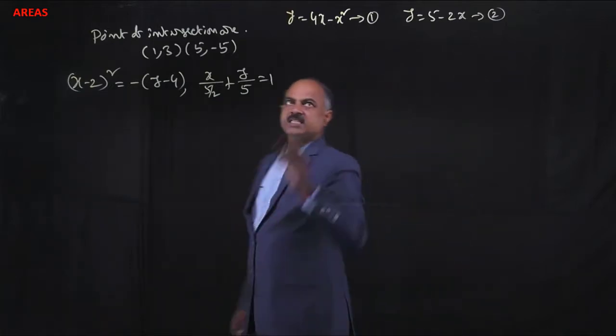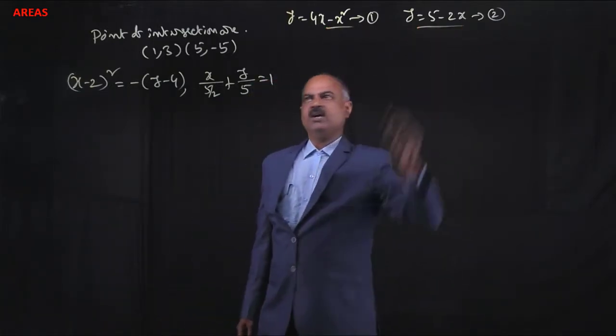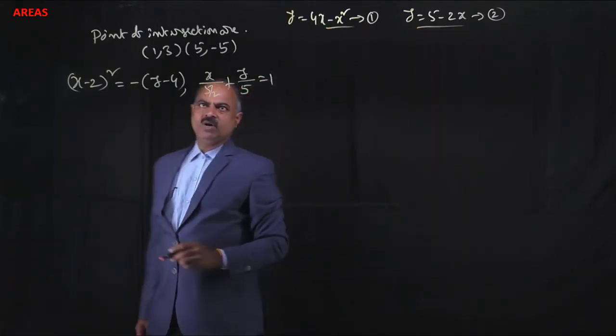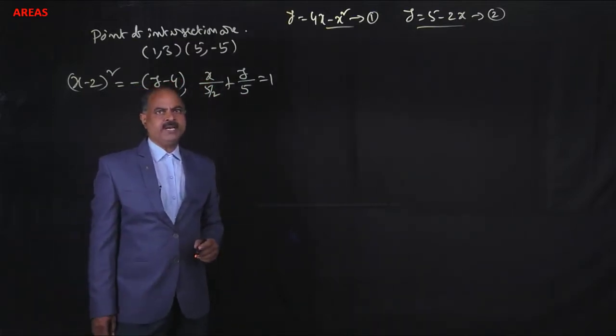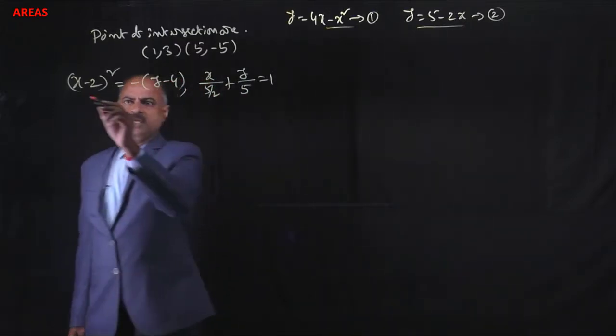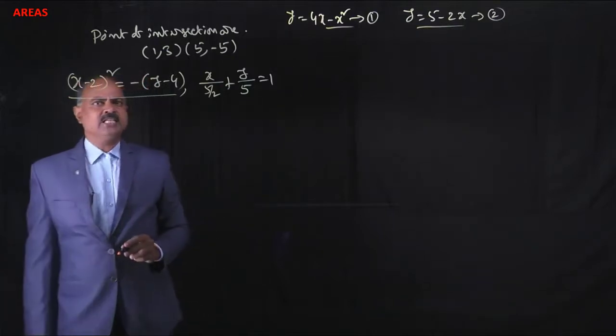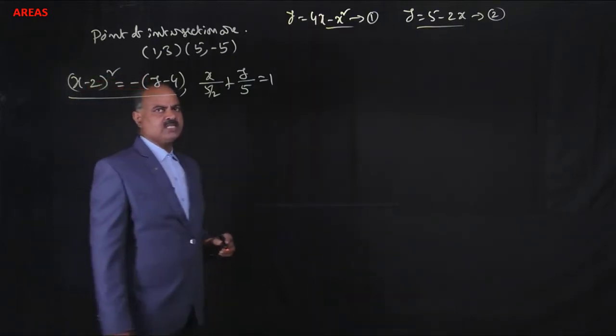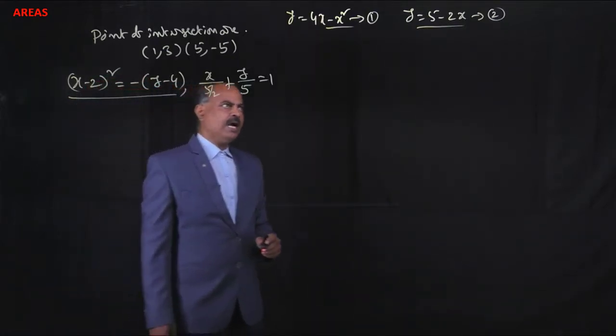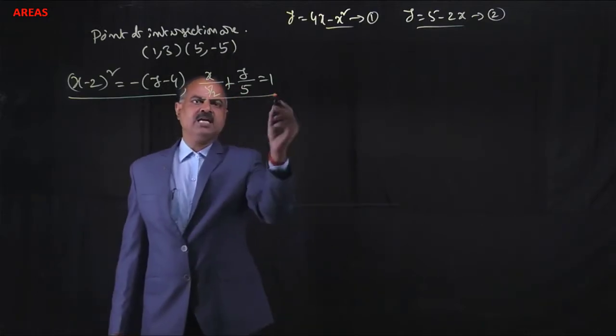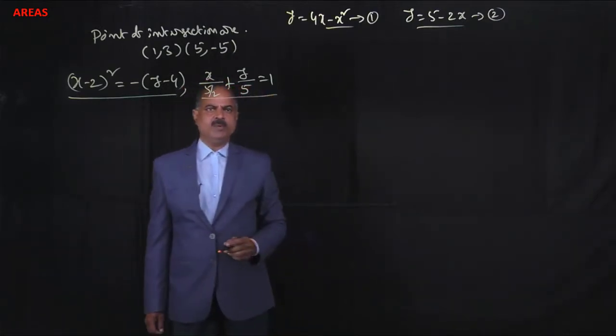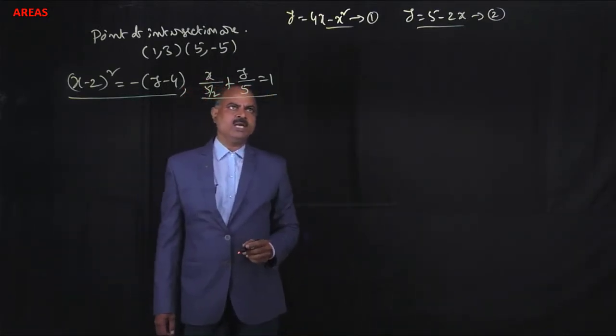Points of intersection of 1 and 2 are 1 comma 3 and 5 comma minus 5. Equation 1 can be written as x minus 2 whole square equal to minus of y minus 4, and equation 2 can be written as x by 5 by 2 plus y by 5 equal to 1.